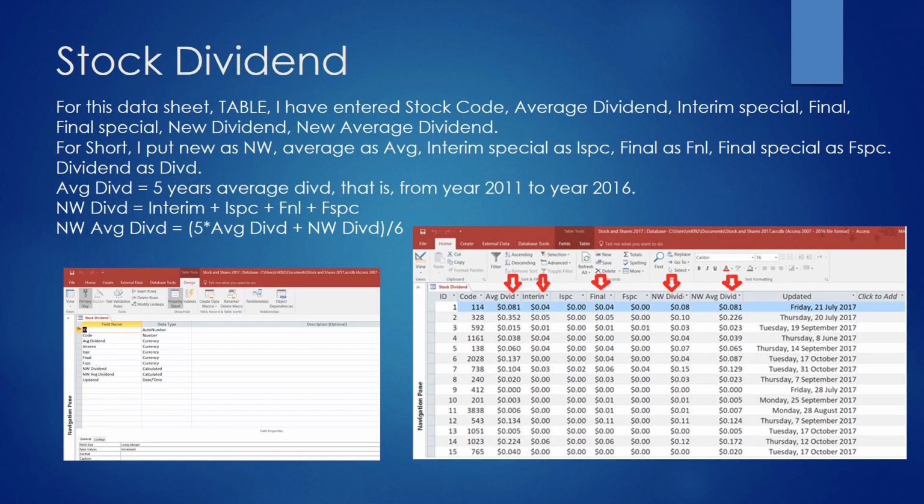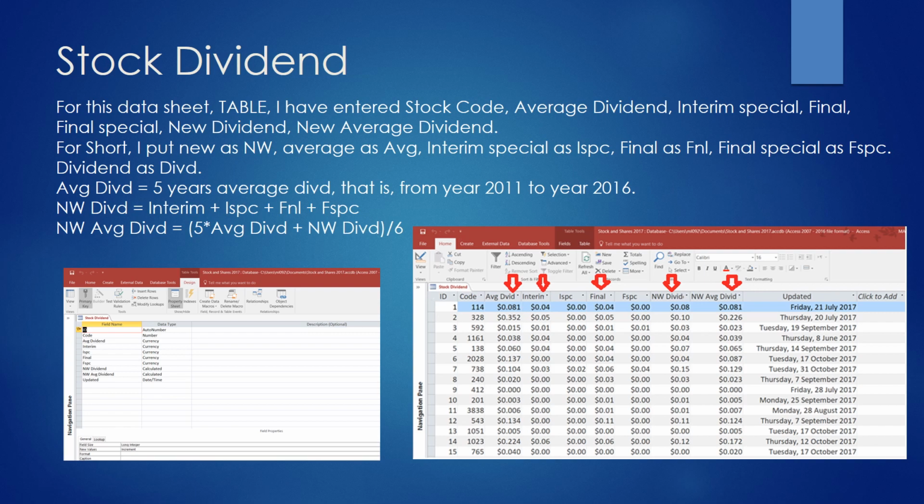Stock dividend. For this data sheet, a table, I have entered stock code, average dividend, interim special, final special, new dividend, new average dividend.